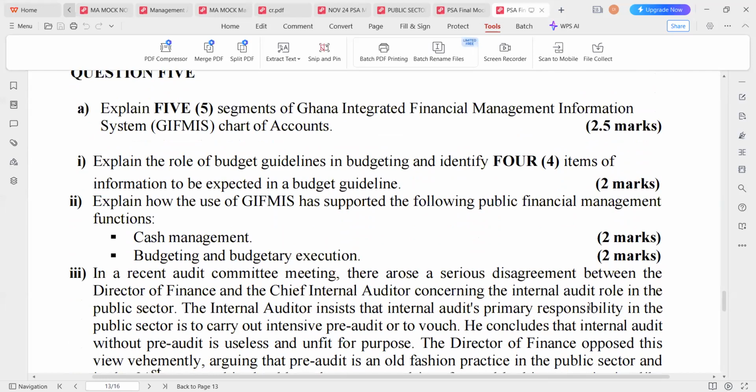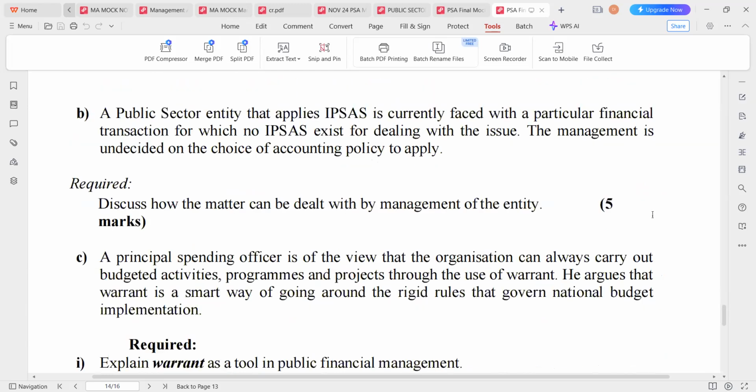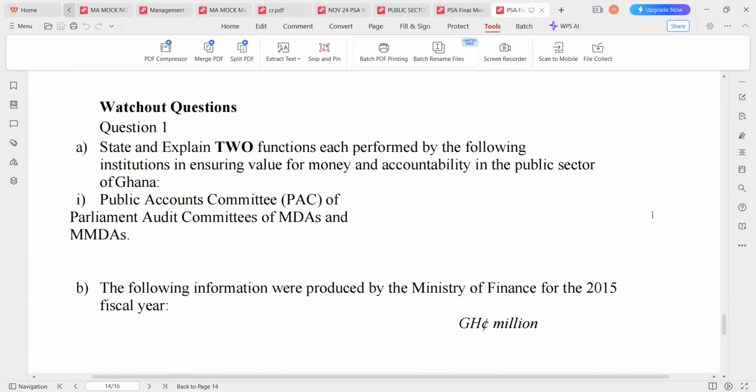You get questions on audit payment, then the audit committee function, and the role they perform.